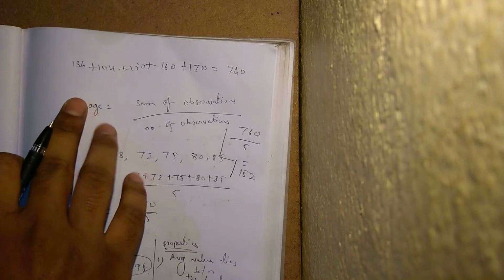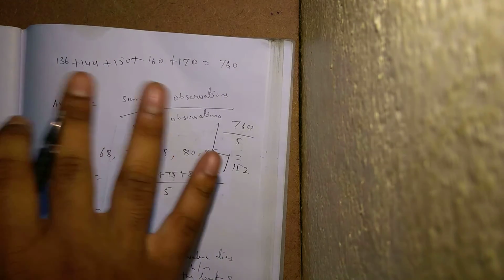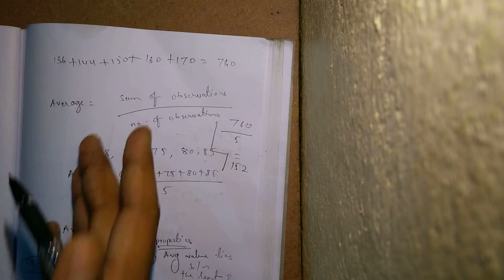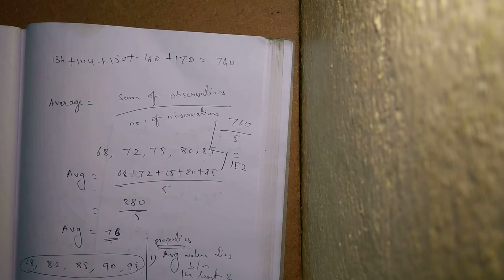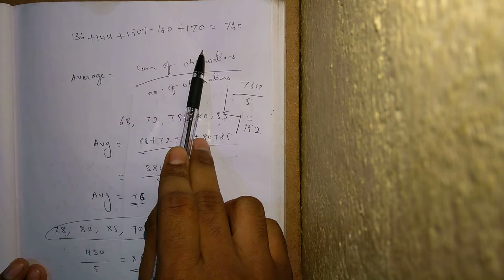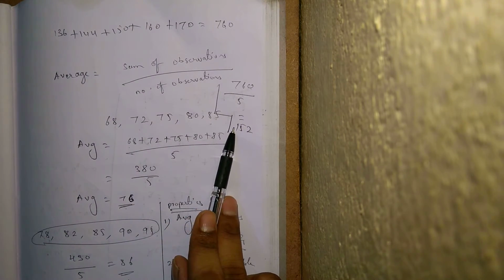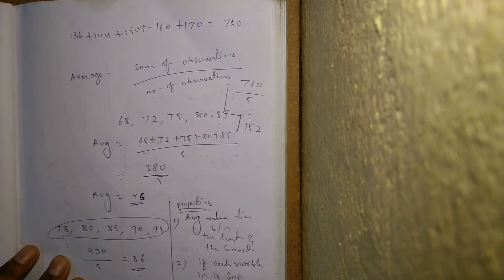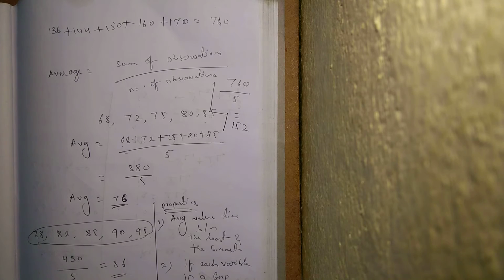We have just proved, right? Here we have multiplied each and every variable with 2, and as a result, the average also got doubled, right? Each and every variable is doubled here, and at the end, the average also got doubled. So this property is even applicable for division.